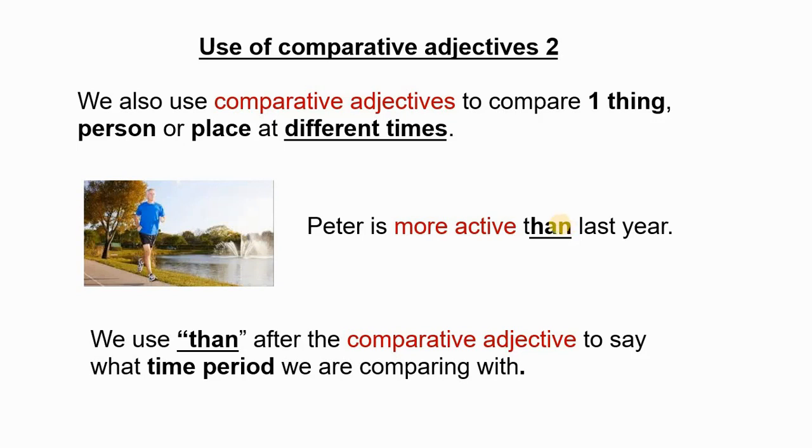So, here is than, and it comes after the comparative adjective to say what time period we are comparing with. Okay, guys? So here is the word than, and it comes after the comparative adjective and before the time period.